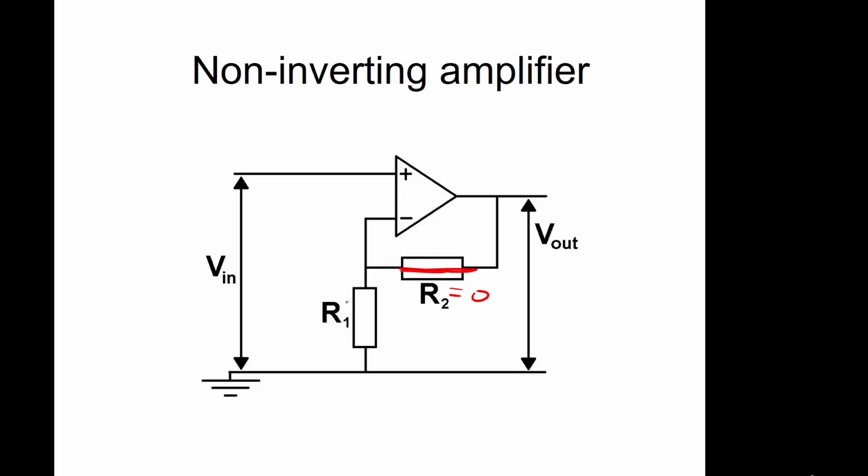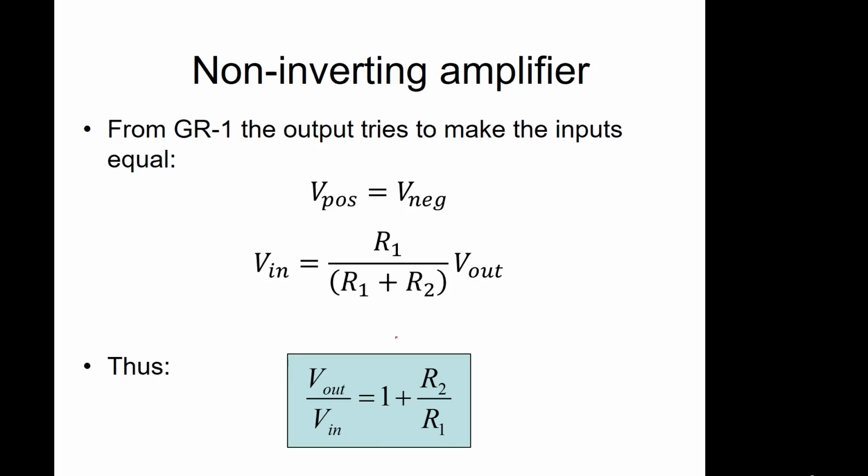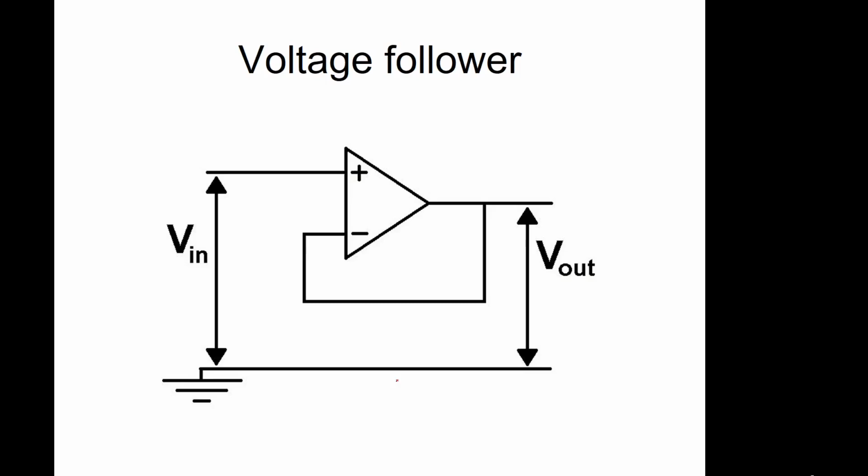And if we make R1 equal to infinity, so essentially we're getting rid of this, we have an arrangement that looks like that, and that's known as a voltage follower. We've said R2 is 0, and R1 is infinity, and therefore V out over V in equals 1. So this is an amplifier with a gain of 1. Okay, so V in equals V out.